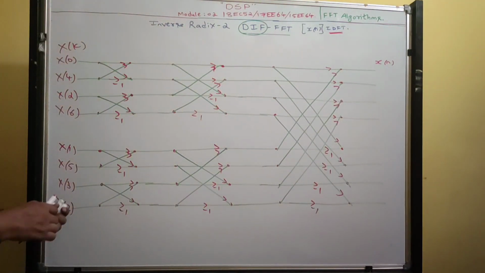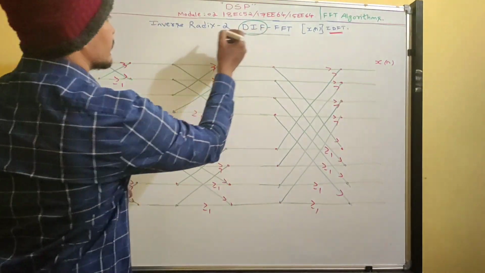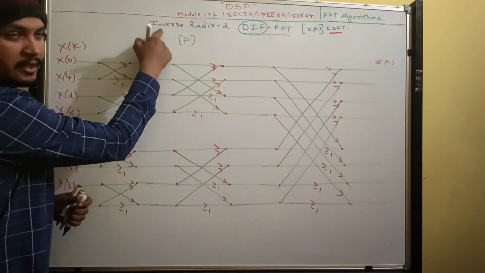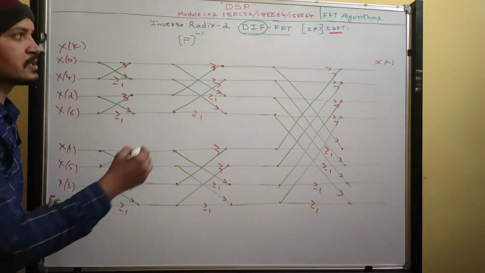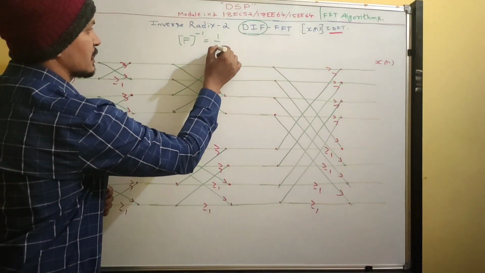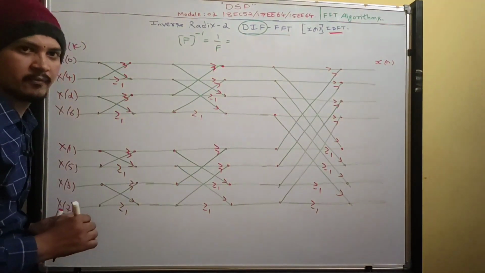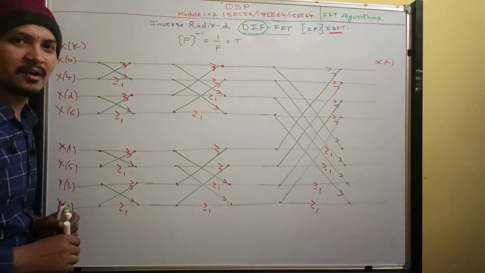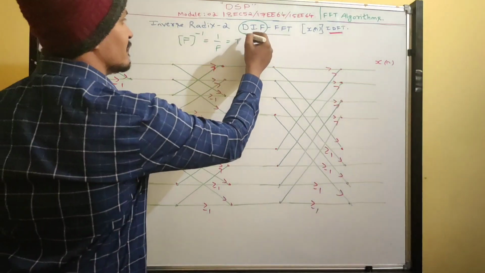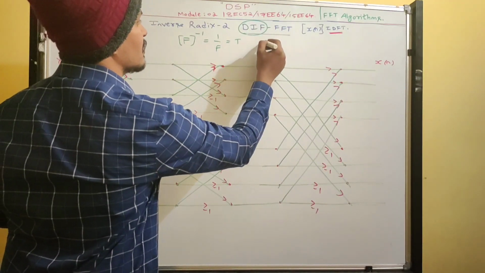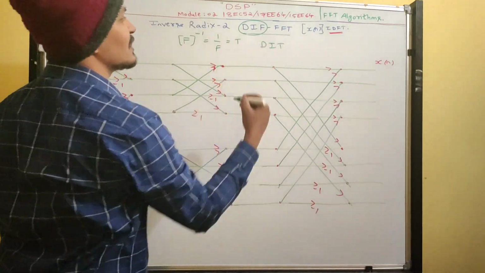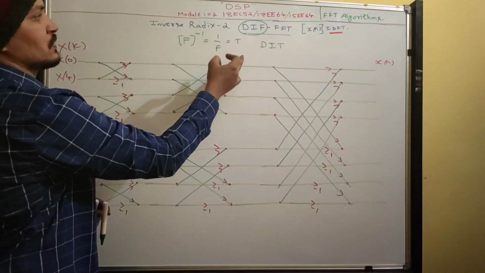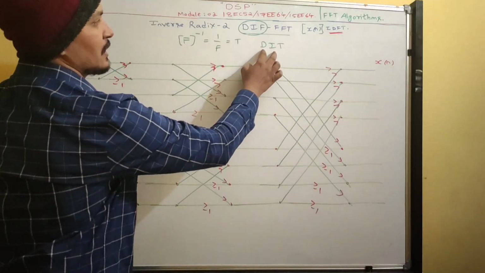Now see, frequency. What is your word? Inverse. Frequency inverse. What is frequency inverse? I can write 1 by f. What is 1 by f? It is called time. So if I inverse the decimation in frequency, what will I get?